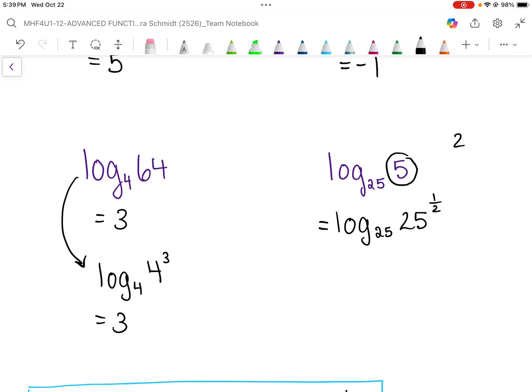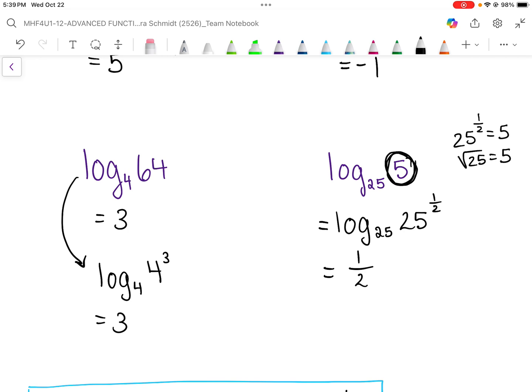So I know 25 to the power of 1/2 is equal to 5, because I know a 1/2 exponent is the same thing as doing a square root. So saying 25 to the power of 1/2 is actually the same thing as just saying 5. And now I can say that this expression would be equal to 1/2. So 25 to the power of 1/2 is equal to 5.